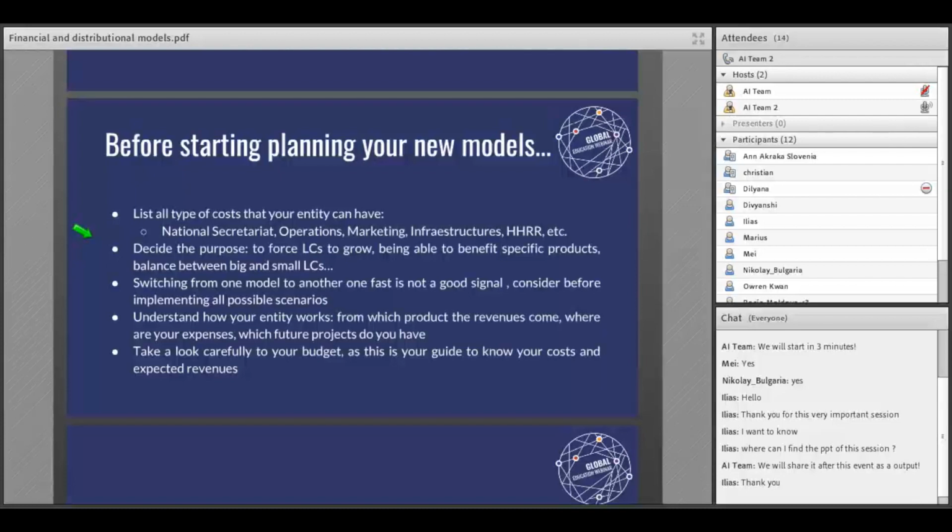And the model should be able to balance between big and small entities. For most entities, they have different growth levels in LCs. So there are small expansions, LCs that are still about to grow, and then there are LCs who are holistically sustainable already.